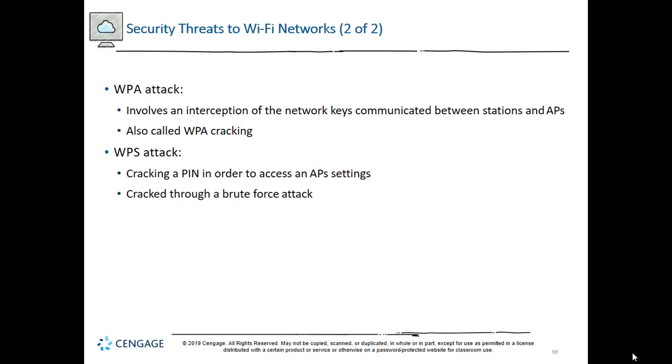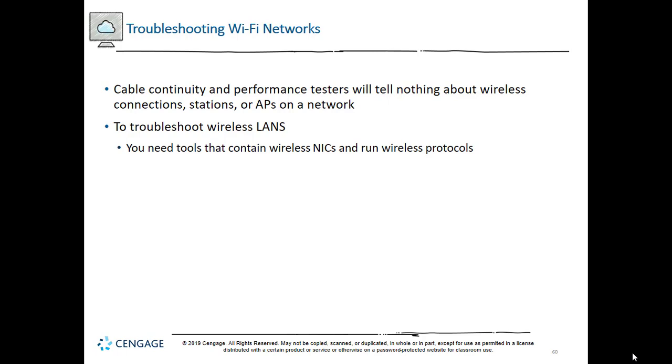It gives you access to their device without you having to know their keys. Right? Some of those devices can be hacked through brute force. A WPA attack involves the intercepting of the network keys between APs and the wireless stations using packet sniffers. But either way, you have to have physical access to those devices in order to do those.